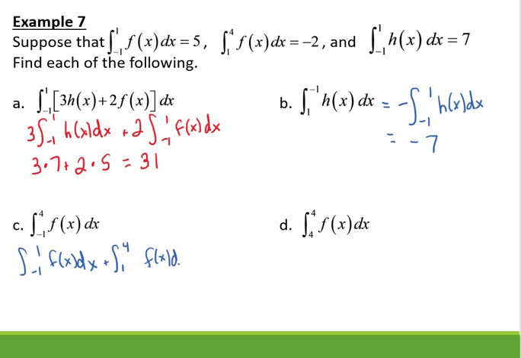So that equals 5 minus 2. So this integral from -1 to 4 of f of x dx is going to equal 3. And lastly, we're going from 4 to 4. You haven't gone anywhere. So that's why that area is 0.